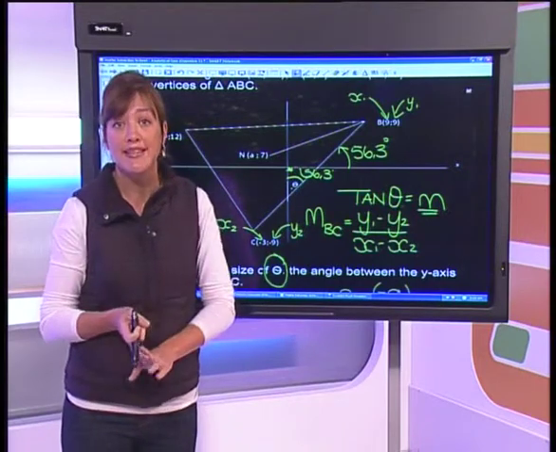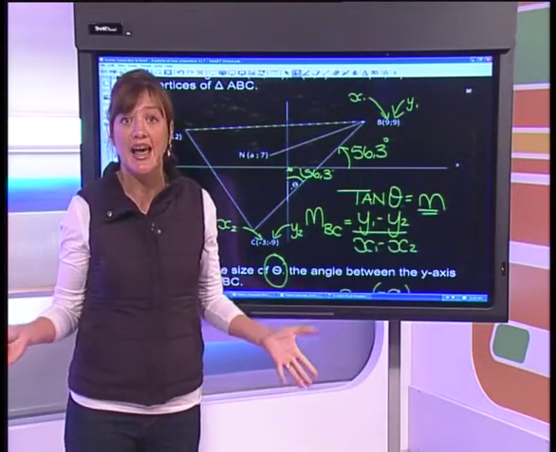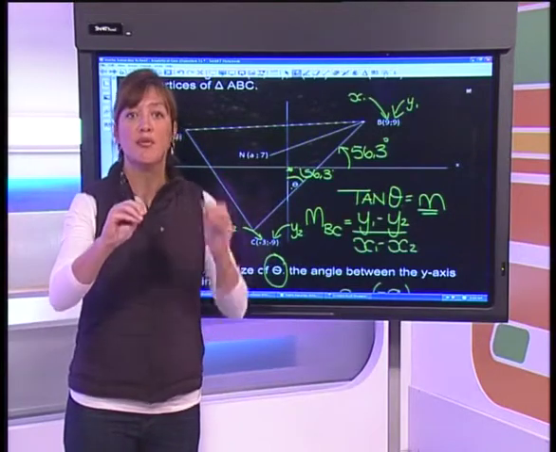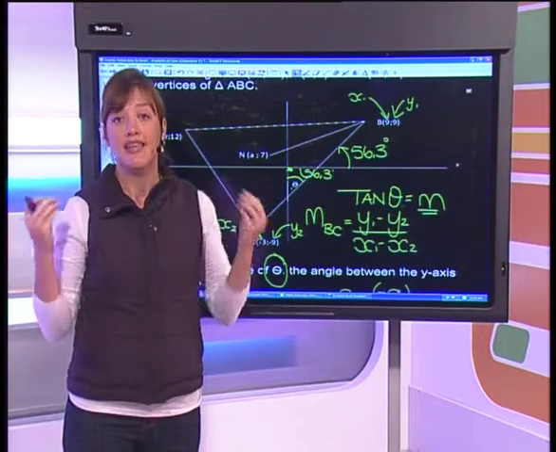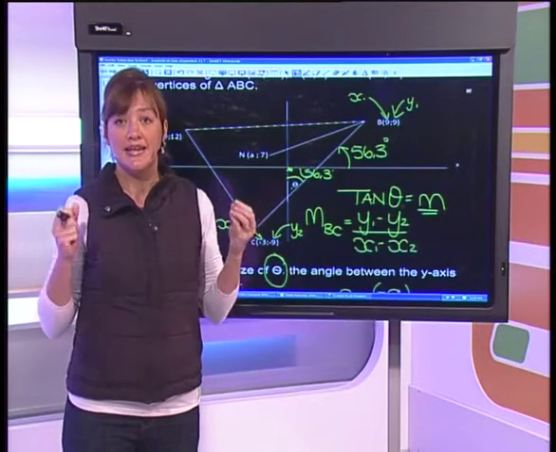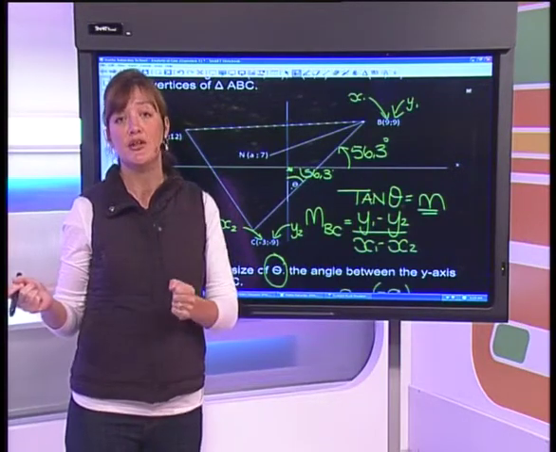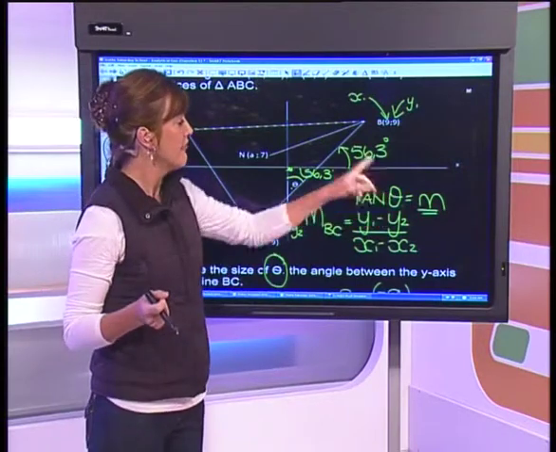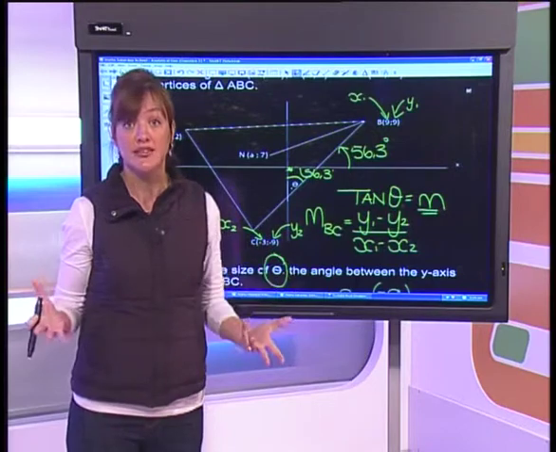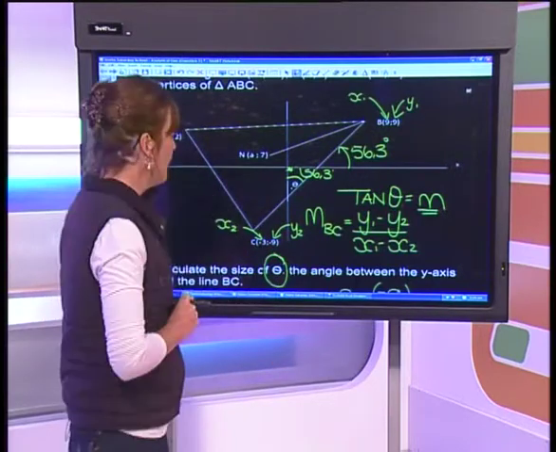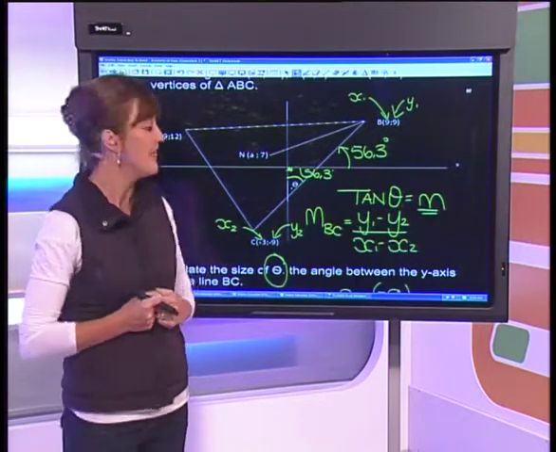We could be looking at things like adjacent angles on a straight line. There are various ways that we would be able to get ourselves towards that missing angle of theta. But the key thing to remember is that when you're working with your angle of inclination, that formula will find that angle, and obviously that will be your starting point. Okay. Right, so that's now having found our angle.